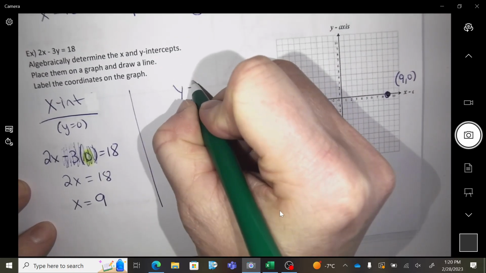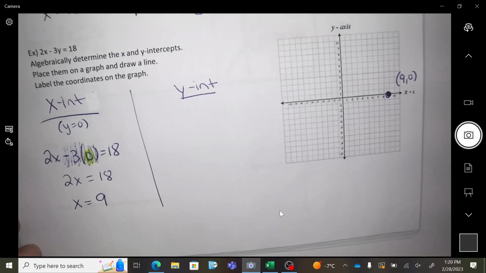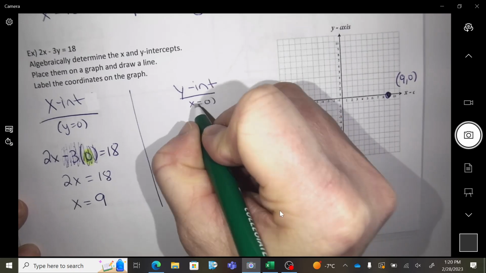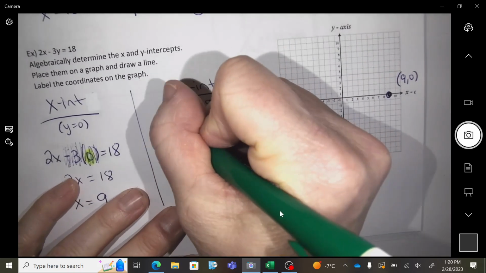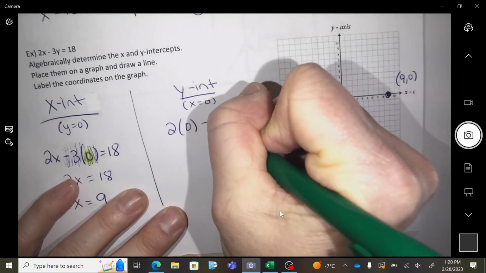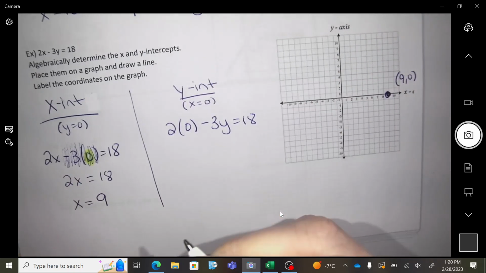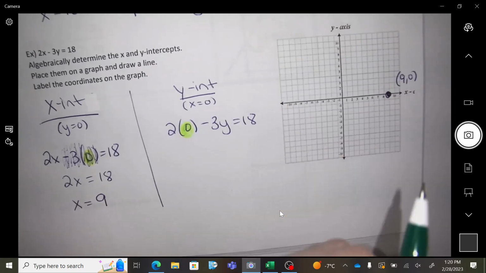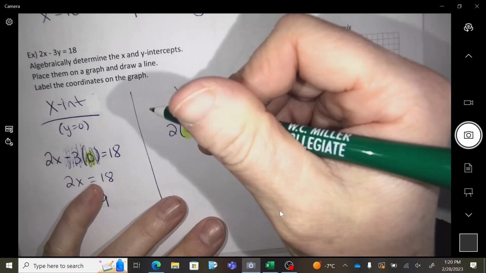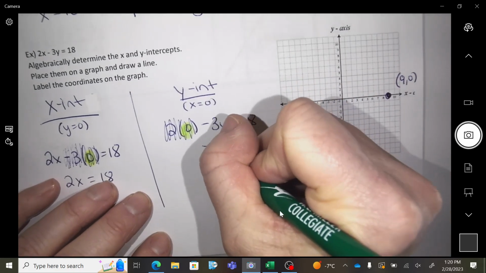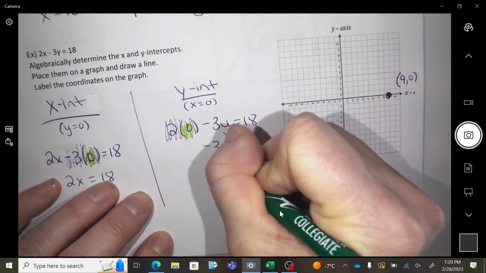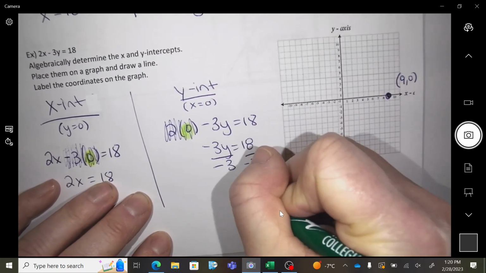Okay, we're going to now go to the y-intercept. The definition of a y-intercept is where x is 0. So I replaced the x with a 0. Then I'm really just thinking that's not even there because it's just 0. This one is going to come out to be a negative, right?